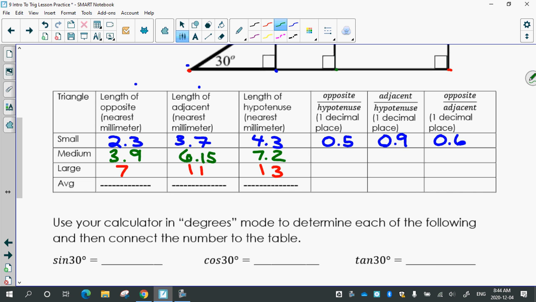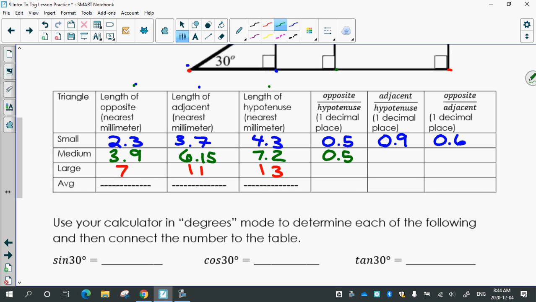Same thing for the green ones. Opposite divided by hypotenuse first, 0.5. They should be the same, yes. Very good.